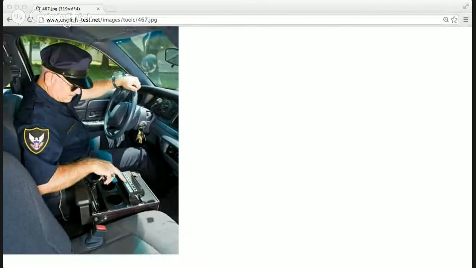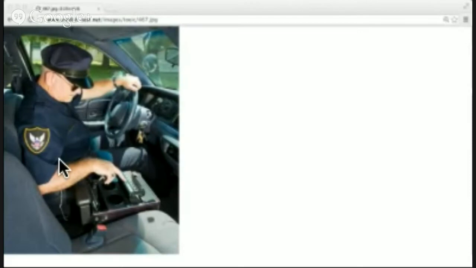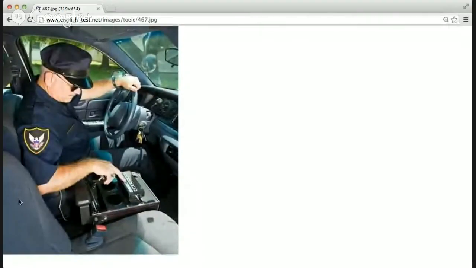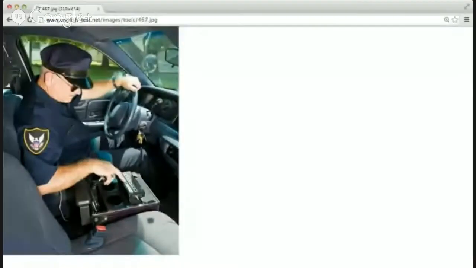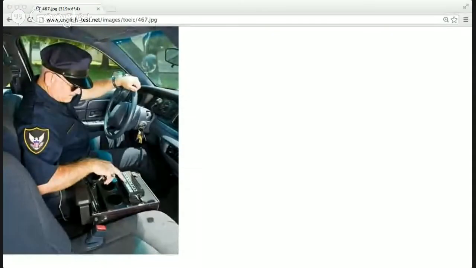And these two seats are called the front seats. You have the driver's seat where he is sitting, and next to him we have the passenger seat. Driver's seat and passenger seat.